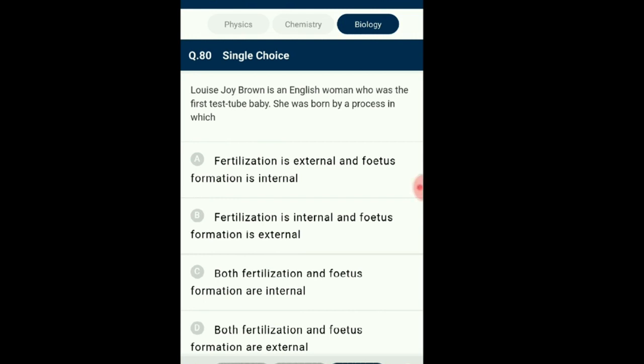The ovum from the wife or donor and sperm from the husband or donor are fertilized outside the body to form zygote. Under similar conditions, the zygote is later transferred into the uterus for further development of the embryo into the fetus. So the answer is option A. Fertilization is external and fetus formation is internal.